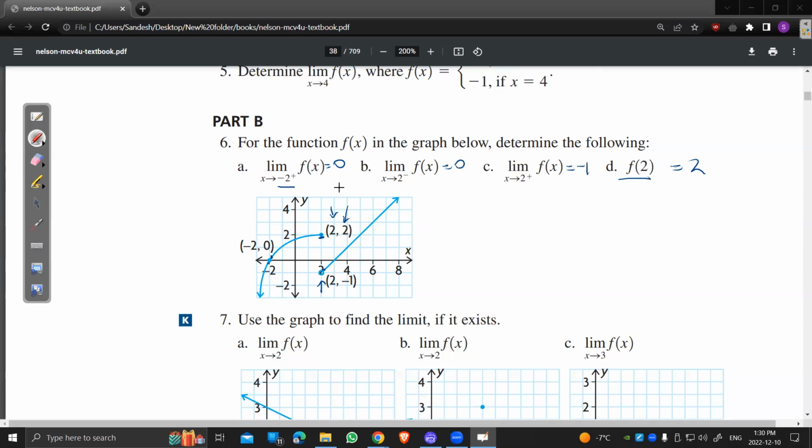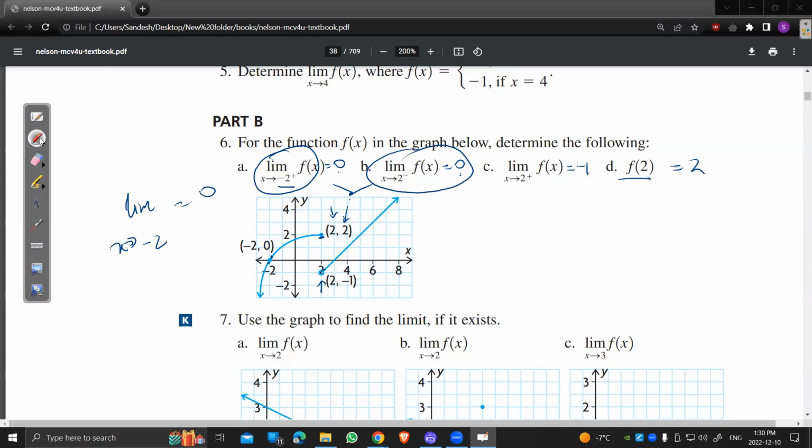Compare the left-hand and the right-hand sides. At -2, does the limit exist? Yes, it does, because the left side gave us 0, the right side also gave us 0. So at -2, the limit is 0. They just have to be equal, yeah.